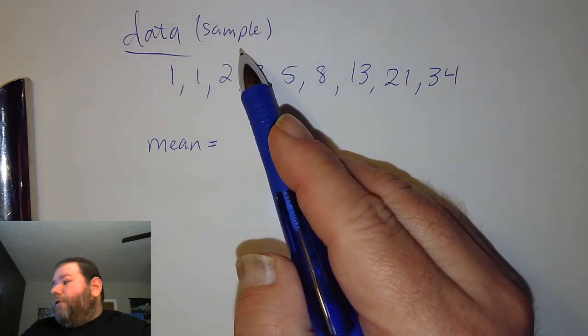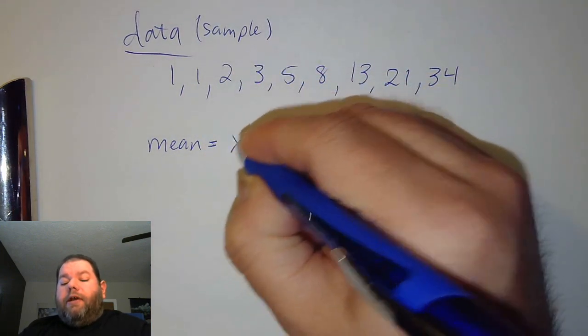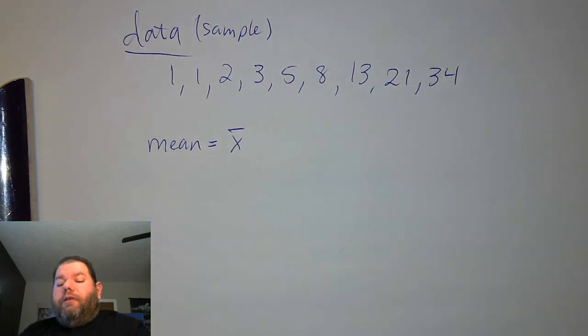Because we said we're talking about a sample, that tells us that it'll be x bar. They'll be representing the mean in this case.